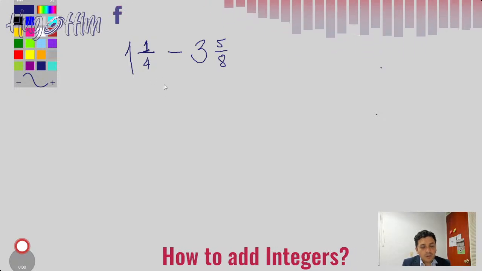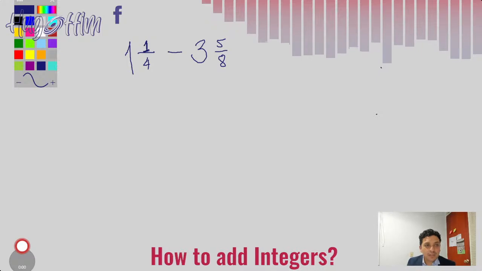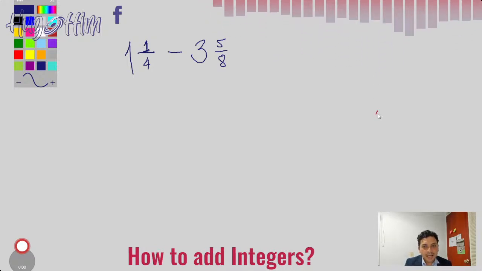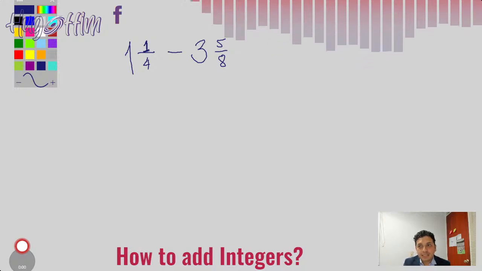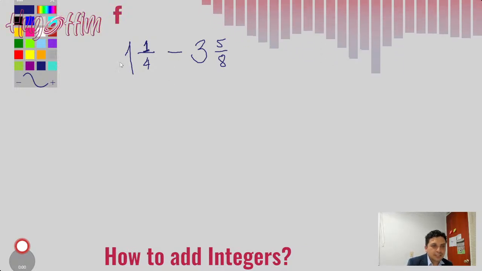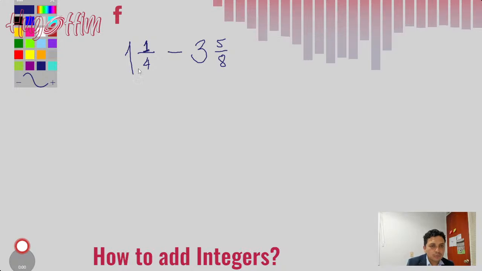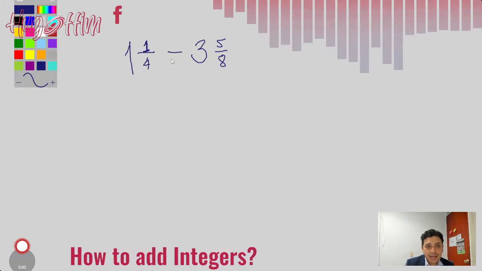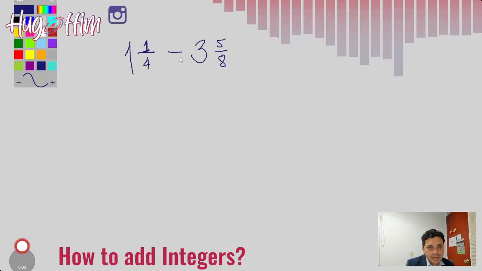Remember that when you learn integers, the addition and the subtraction become kind of the same operation, because adding the negative is the same as subtracting the positive. So you can see this as a subtraction of two numbers, or as the addition of two integers, because we're adding a negative number, -3.